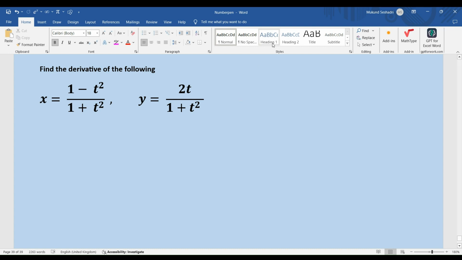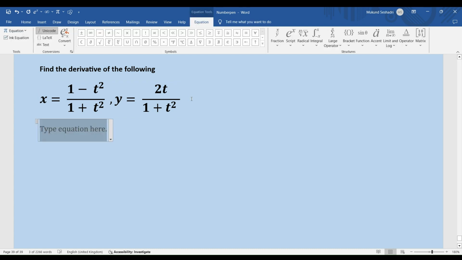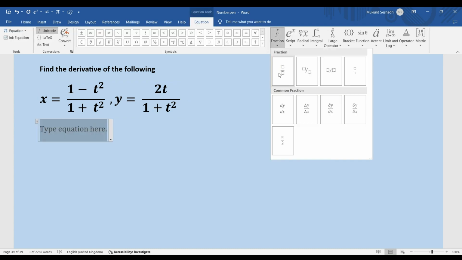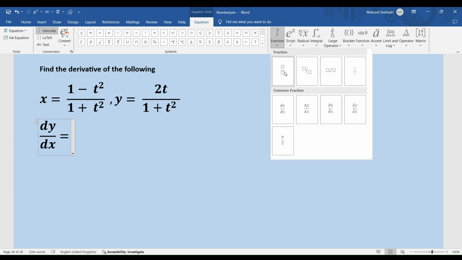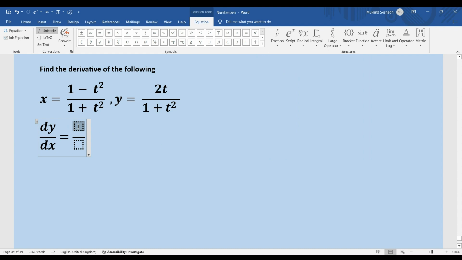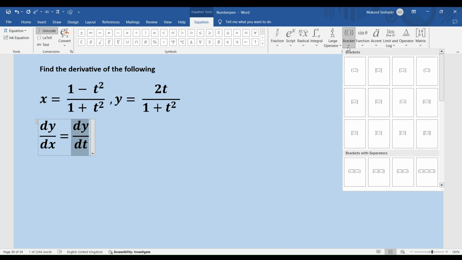So I will have to figure out what is my dy by dx, right? So let's write down what is our dy by dx first. My dy by dx is nothing but dy by dt, the whole divided by dx by dt, right?